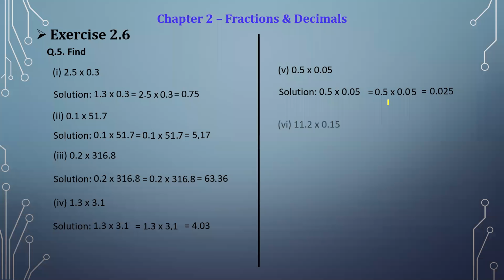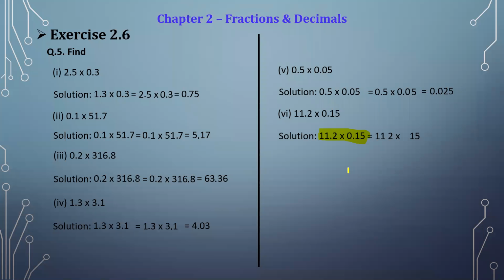Now in the same way we are going to consider example number 6. Here higher order numbers are there: 11.2 into 0.15. Again we follow similar steps. We ignore the decimal point for a temporary purpose.